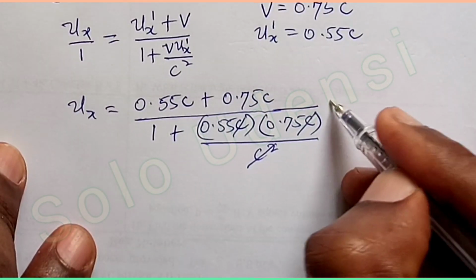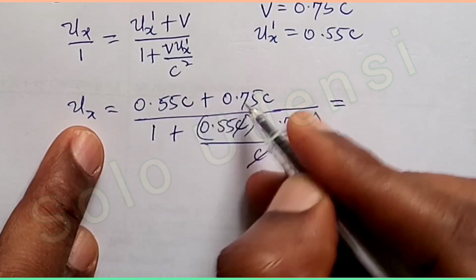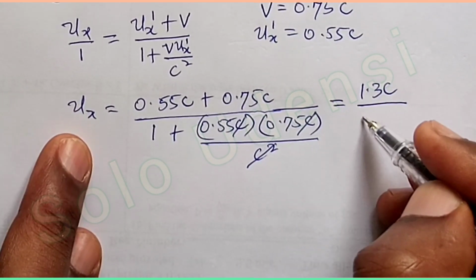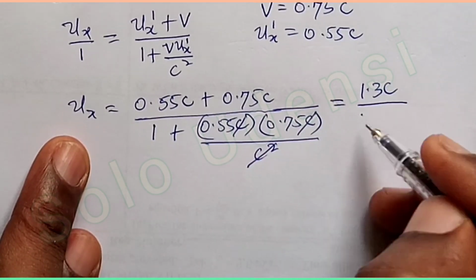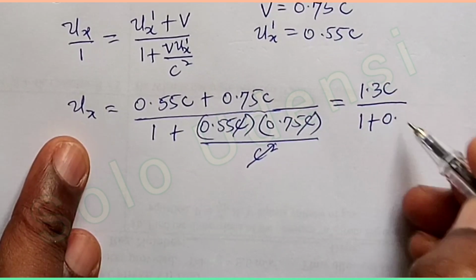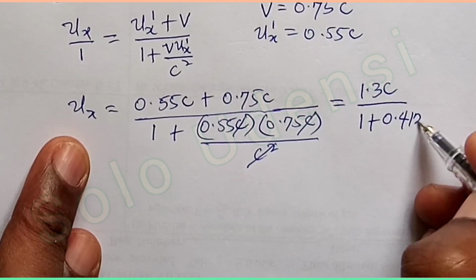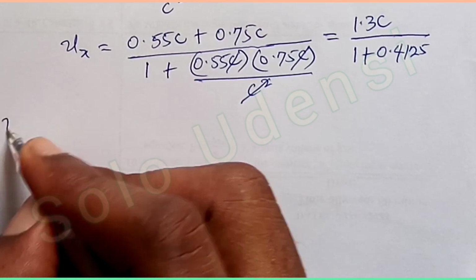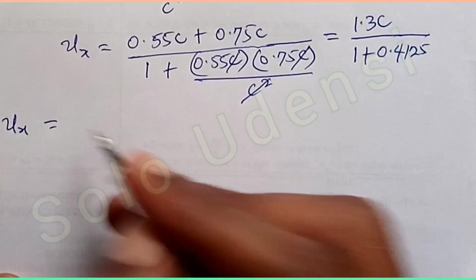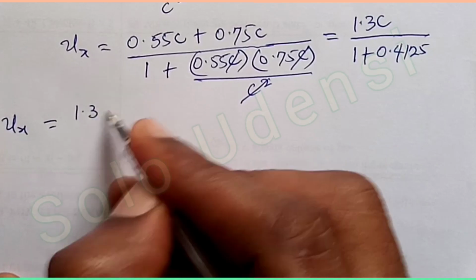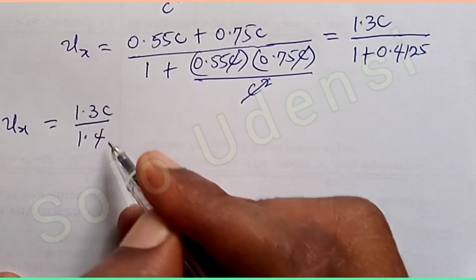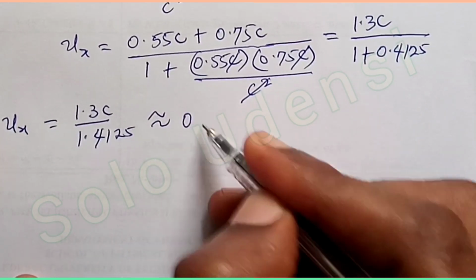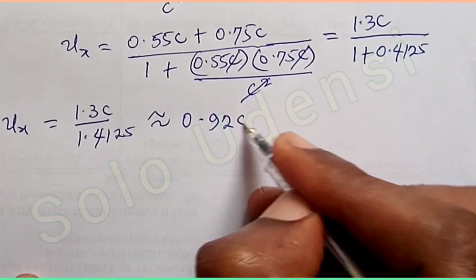So you see that the numerator, this plus this, is 1.3 c. This times this will give us 1 plus 0.4125 from the calculator. So we have ux to be equal to 1.3 c over 1.4125, and that's approximately 0.92 c.